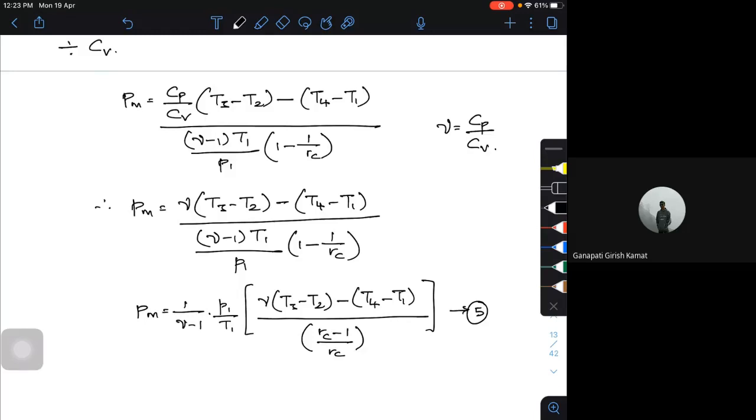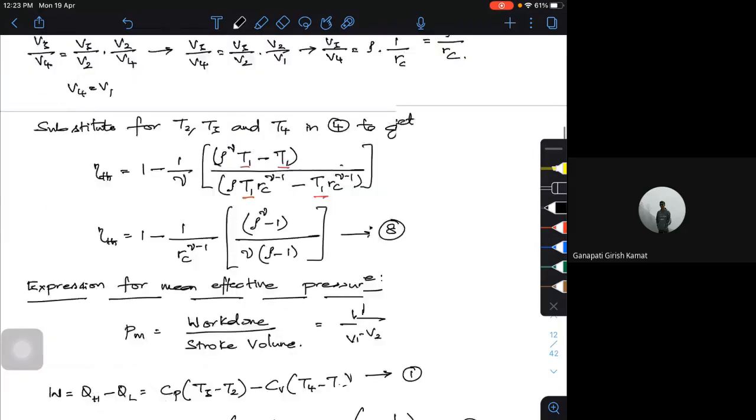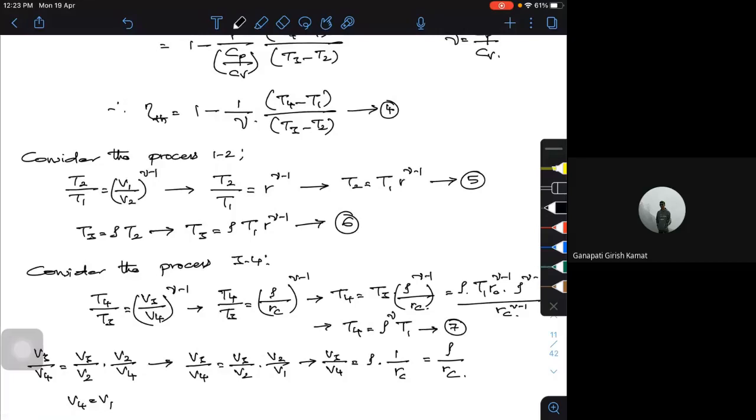Now in terms of temperatures, T3, T2, T4. If you go back and see here, yesterday we were looking at the expression for the temperatures. We have arrived at these particular temperatures.